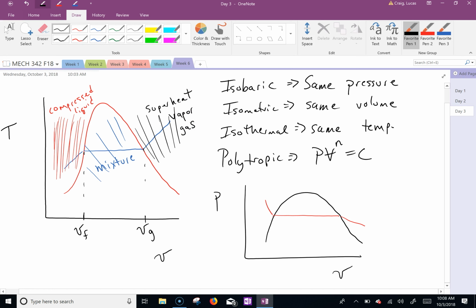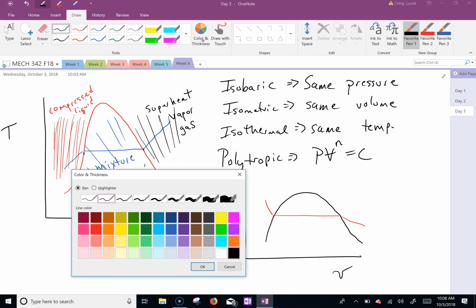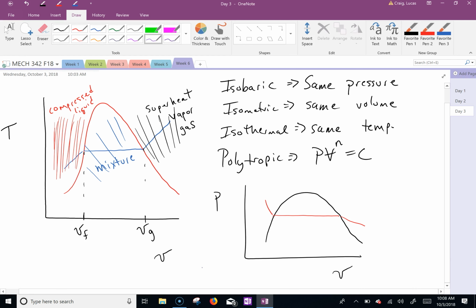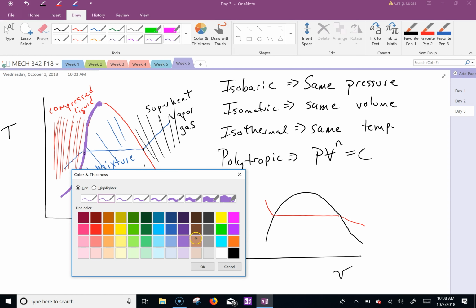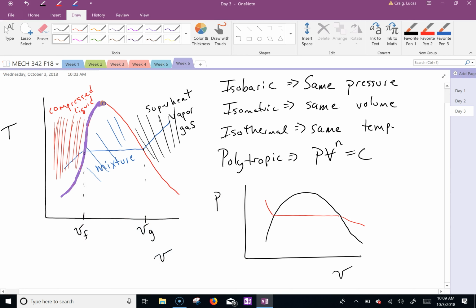Okay. This left line is called the saturated liquid line. So this left purple line that I'm drawing right here, saturated liquid line. The brown one, saturated vapor.